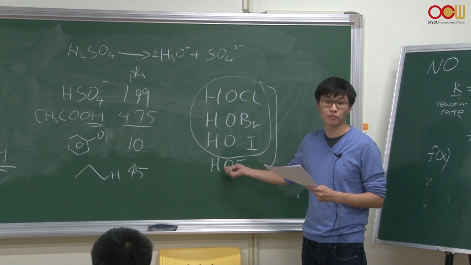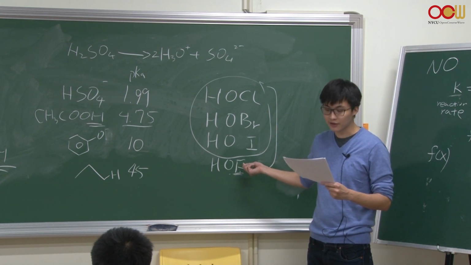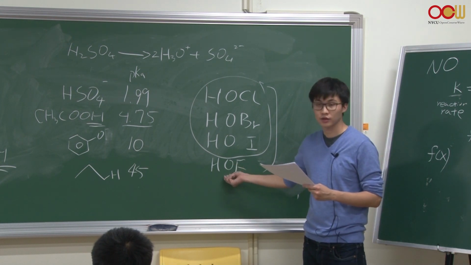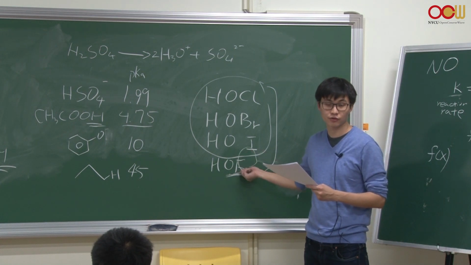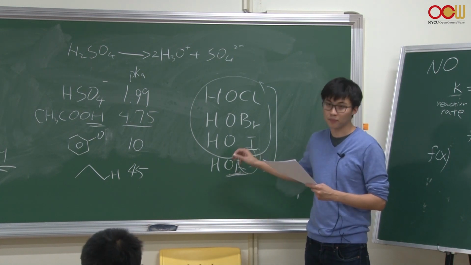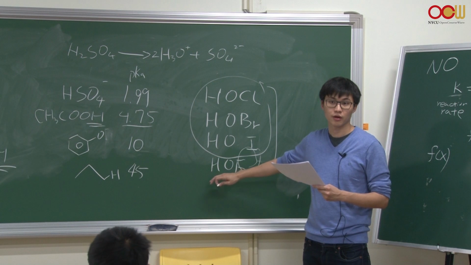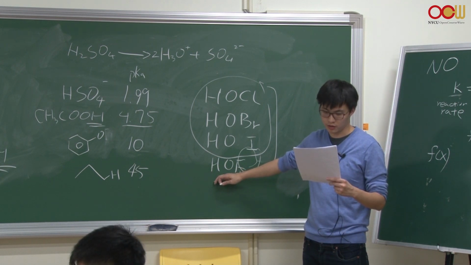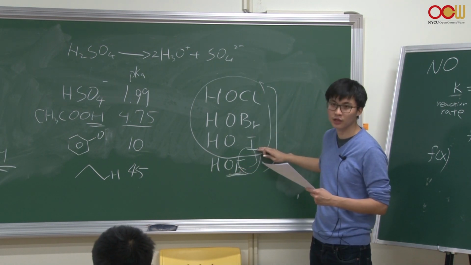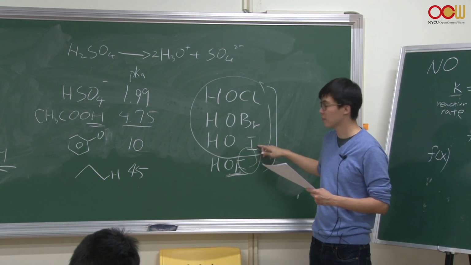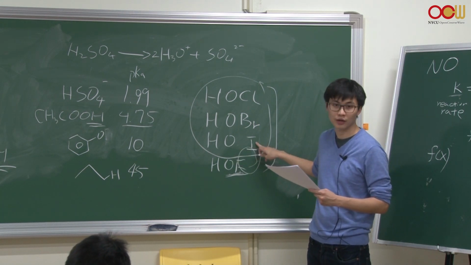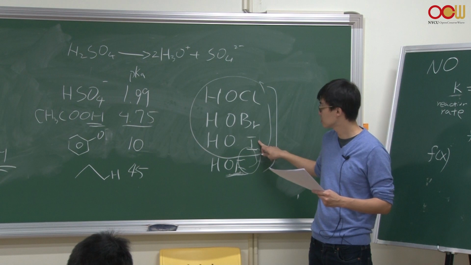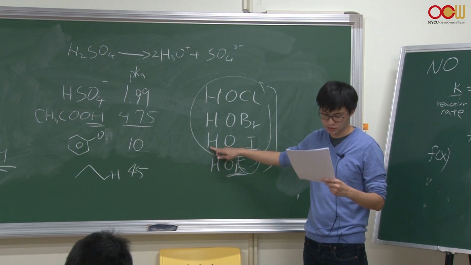So it changes the bonding character. So by definition, this should be the strongest because this is most electronegative, okay? But we have to look at the experiment. I forgot to write down the number here, but if you compare these three together, this one, because the iodine is more electron withdrawing, right? So this is going to be the strongest acid, okay?